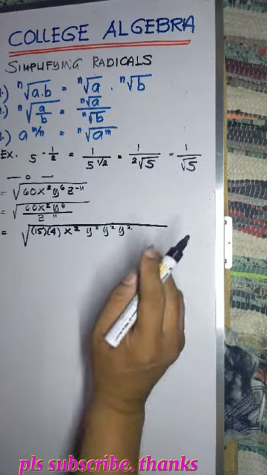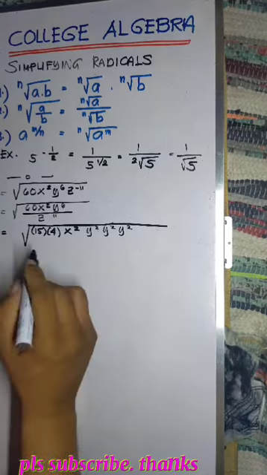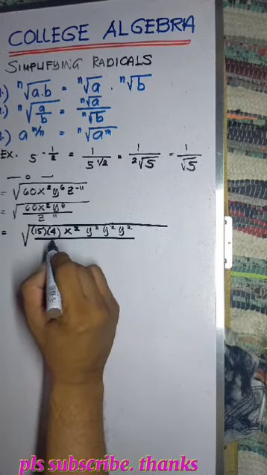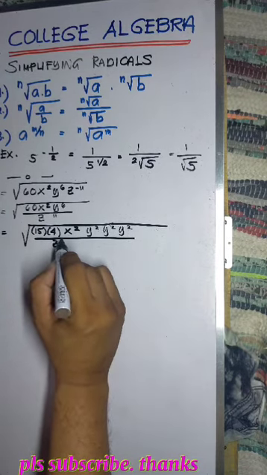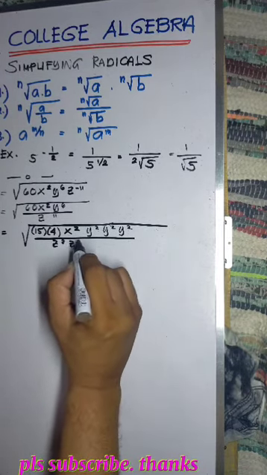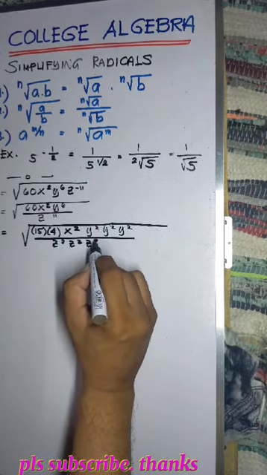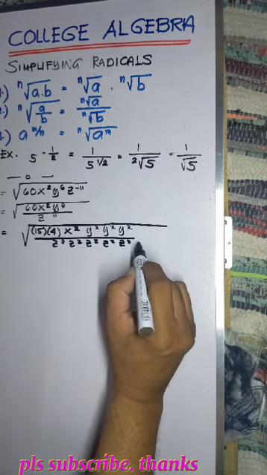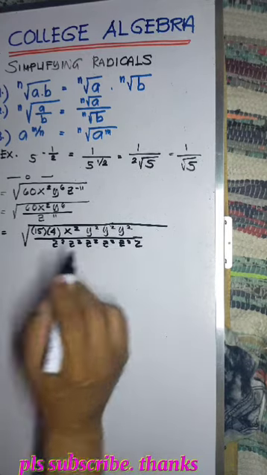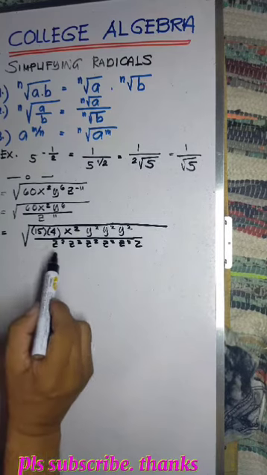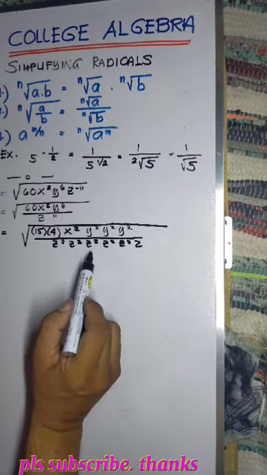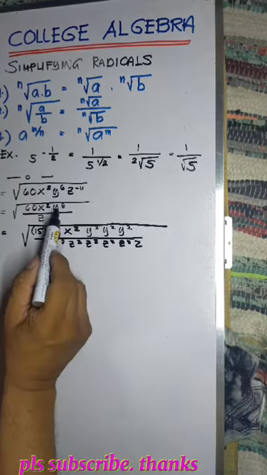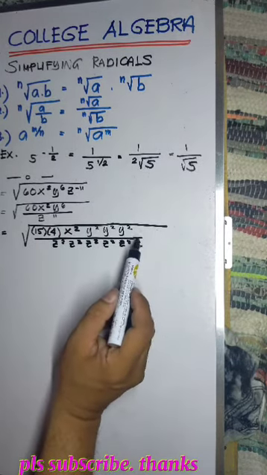So based on the first topic we've discussed, z^11 is equal to z squared times z squared times z squared times z squared times z squared times z. And y^6 is equal to y squared, y squared, y squared.